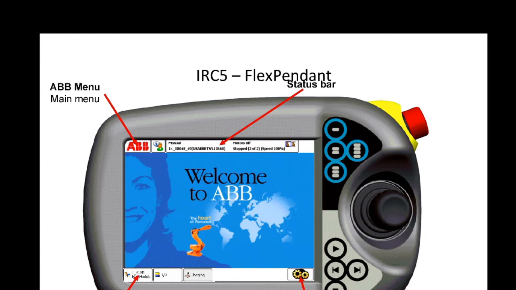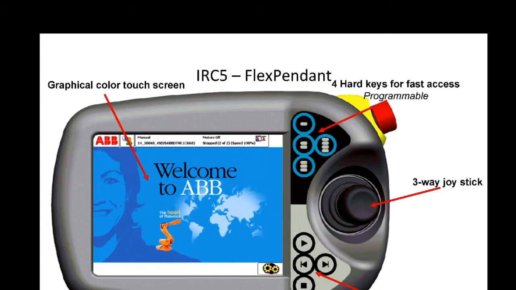Four hotkeys to run and stop the program. Execution switches: the below category of four switches are execution switches. This is a touch screen. You can use it like a mobile. Like a mobile, you can touch the screen and utilize the pendant. Okay, these are all the pendants.